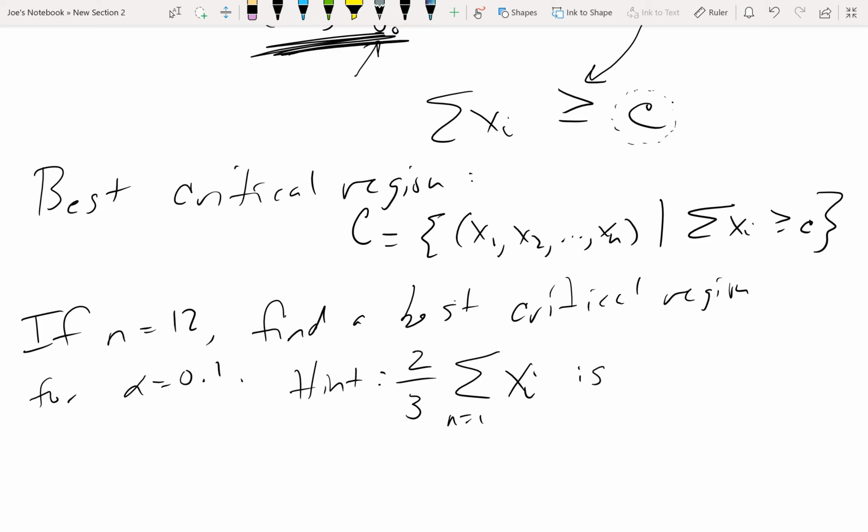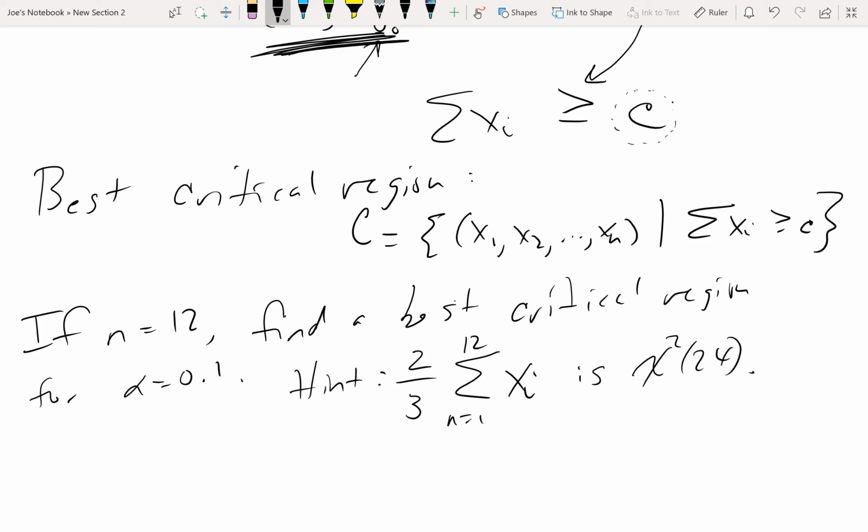Oops, not infinity, I'm doing too many series in Calc 2. The hint they give you is actually that theta doesn't matter. They actually write in the book 2 over theta, but since the theta we're using here is 3, it's 2 over 3. In general, 2 over theta times the sum of the x_i's is chi squared of 24.